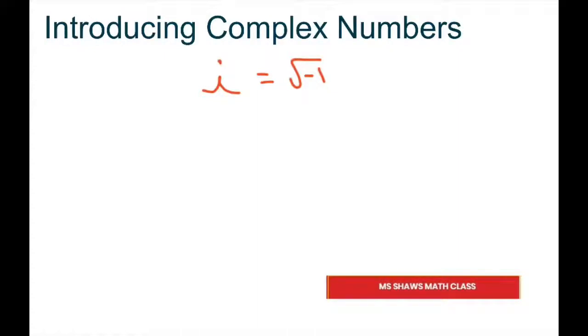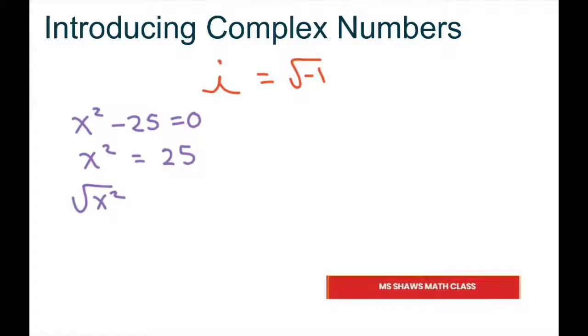So in general, if you have x squared minus 25 equals 0, and you want to solve for x, you add the 25 to both sides. So 0 plus 25 is 25. Then you take the square root of both sides. And don't forget to put your plus and minus.